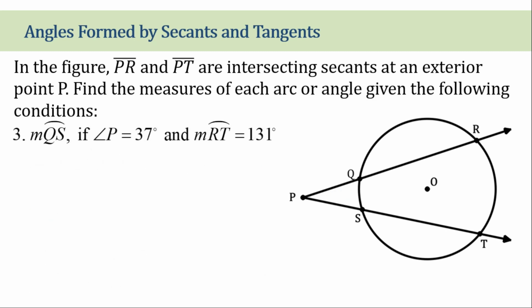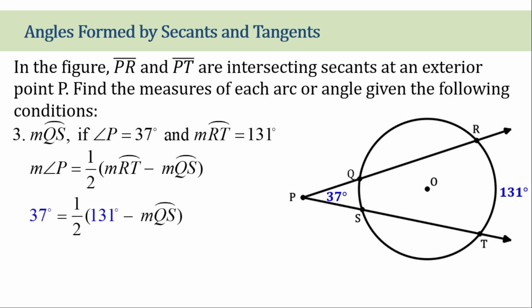Now problem number 3, the missing one here is the measurement of the smaller arc. So we just need to identify again the given and do the same as what we did on the previous question. This time, the smaller arc is the one missing. So same process, we need to multiply both sides by 2.